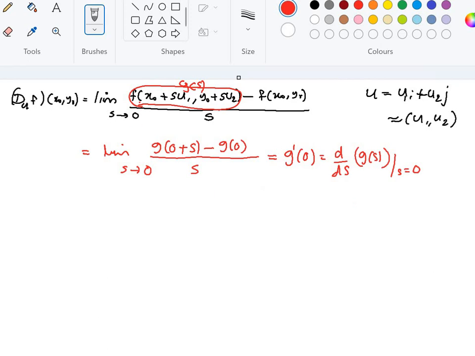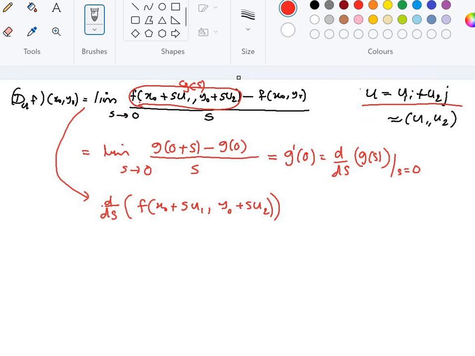Now, how do we derive this? So you know that this limit can be written as d by ds of f of x naught plus s into u1 comma y naught plus s into u2, where u1 and u2 are the coordinates of the unit vector u.